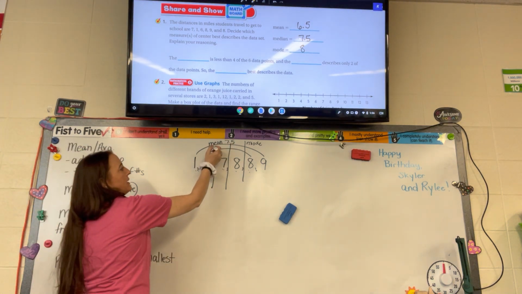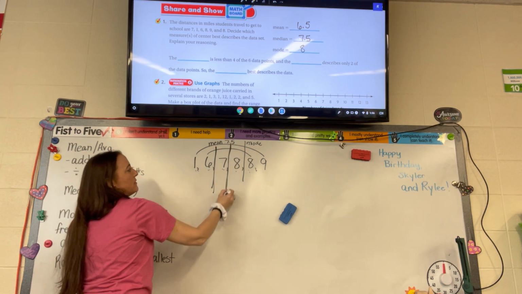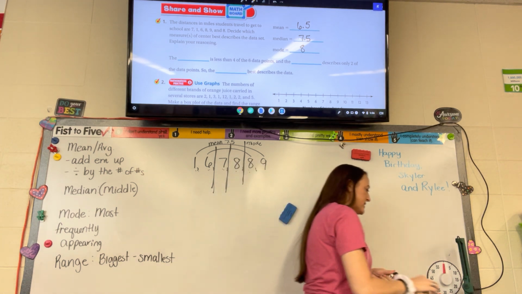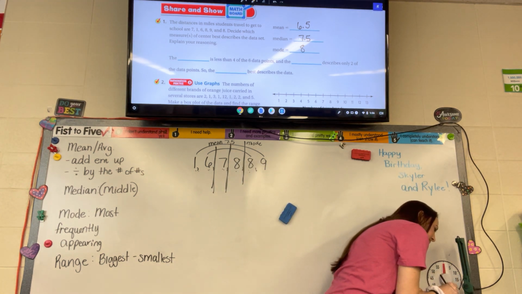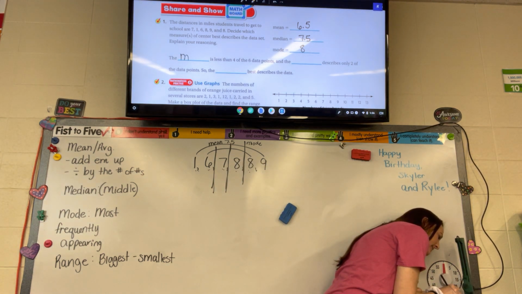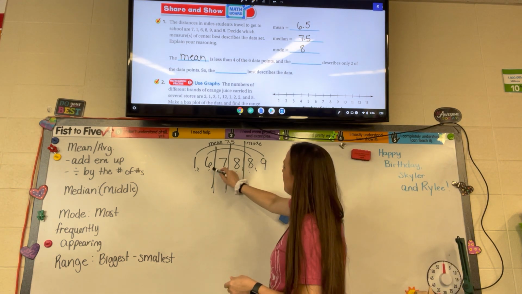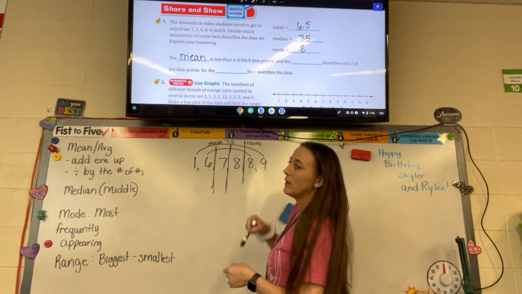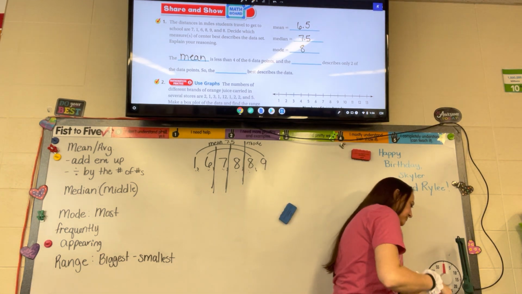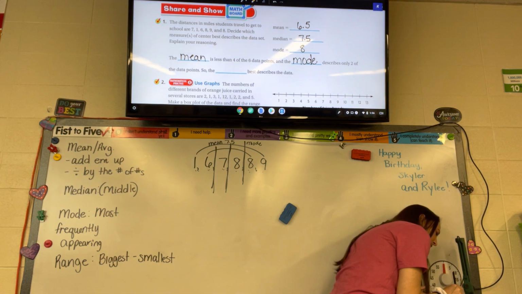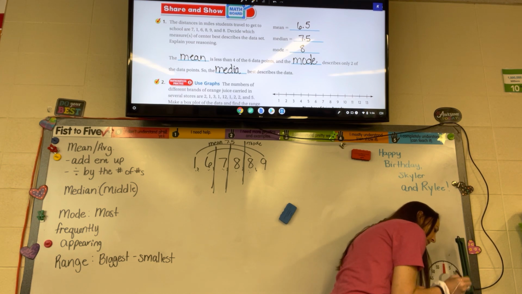Because the mean would be here, this would be the median, this would be the mode. So the most center of them. The mean is less than 4 of the 6 data points, and the mode only describes 2 of the data points. So the median best describes the data.